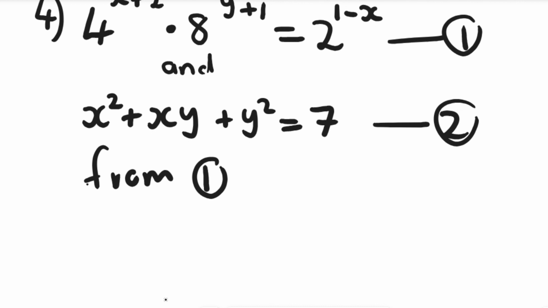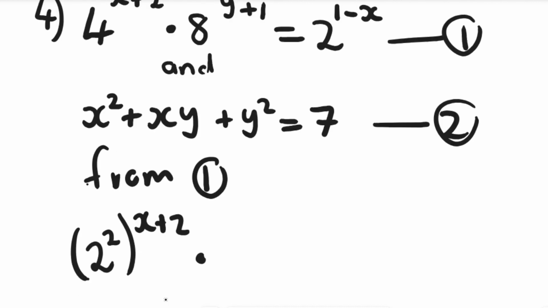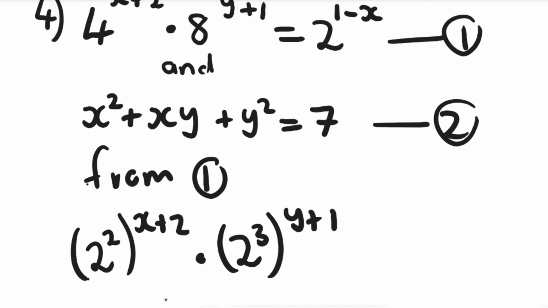You know the method, you know the way. So we say 4 is 2 squared, everything to the power of x plus 2, right? And then multiplied by 8, that is 2 to the power of 3, everything to the power of y plus 1. That should give us 2, which is just 2 to the power of 1 minus x.